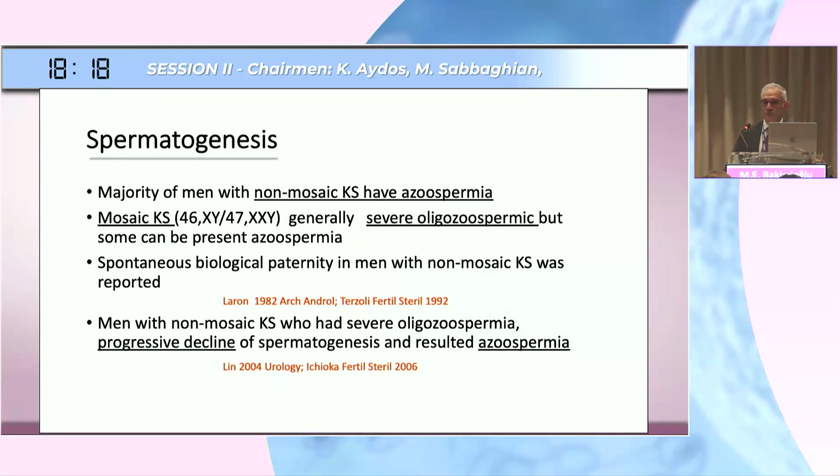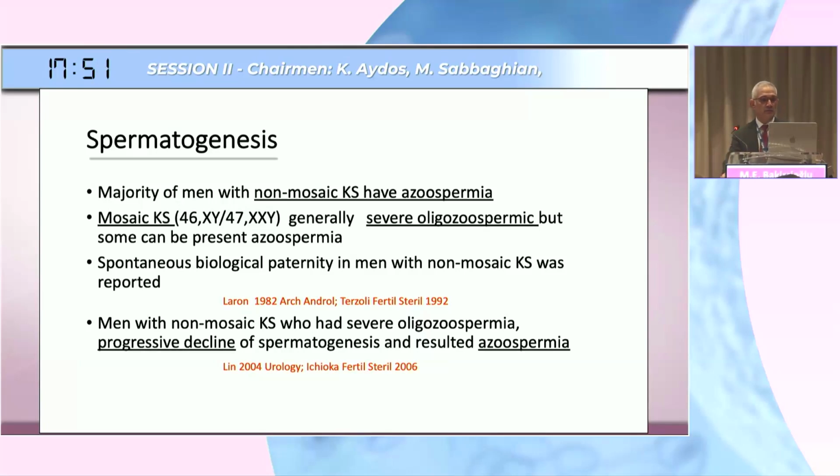How about the spermatogenesis? When we look at these patients, the majority of them are azoospermic. In the mosaic form, we generally see severe oligozoospermia, but some may present with azoospermia. Very rare cases in the literature have shown paternity with natural pregnancy.